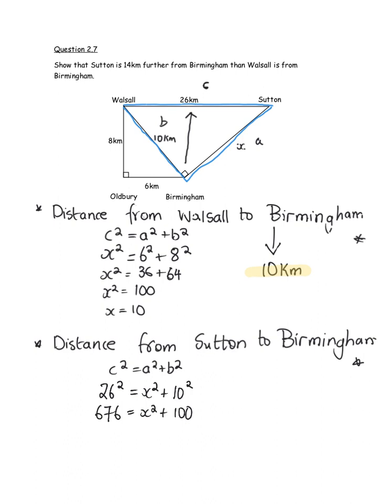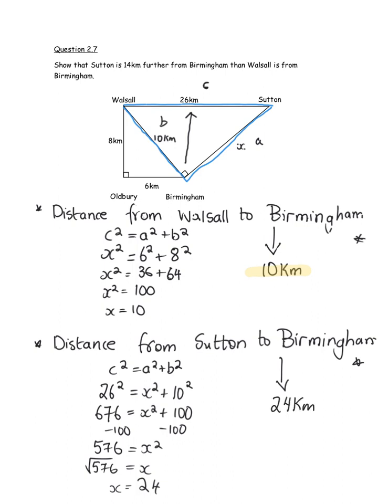So then I'm going to take 100 from both sides so that we can have the x by itself, and we're going to get that 576 is equal to x squared. To get x by itself then, we're going to get the square root of both sides, and the square root of 576 will give us 24. So then the distance from Sutton to Birmingham is 24 kilometers.